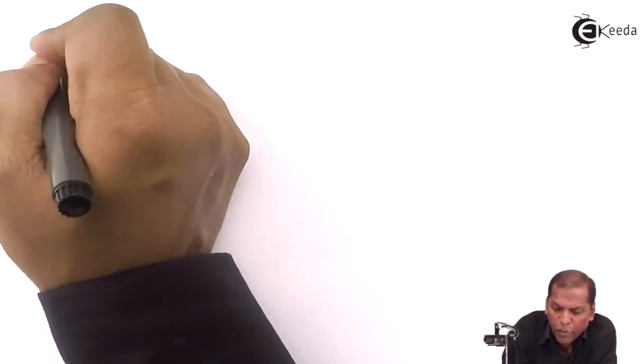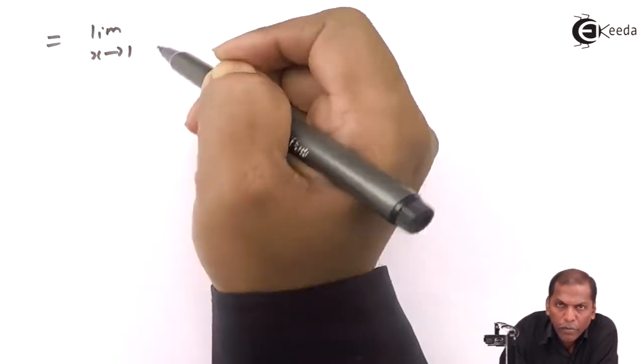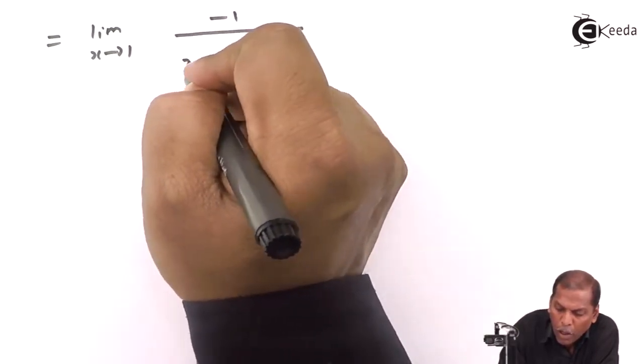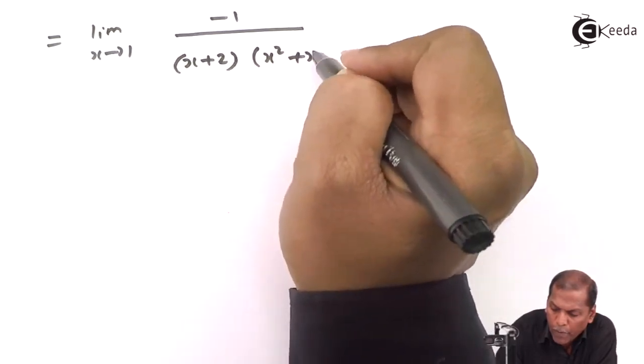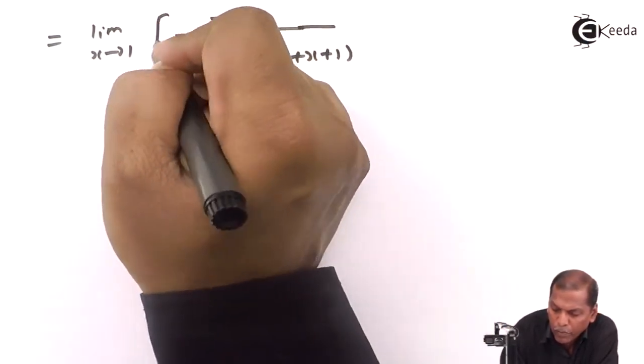Therefore, the next step is limit x tends to 1 of minus 1 in the numerator and x plus 2, x square plus x plus 1 in the denominator.